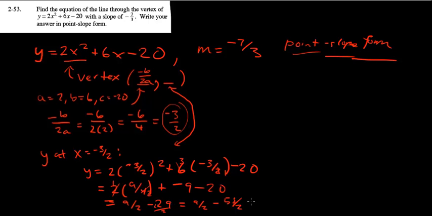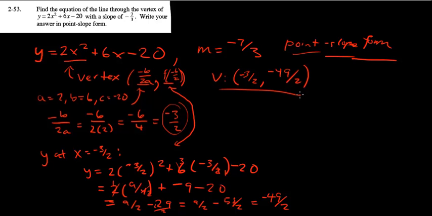And then 9 over 2 minus 58 over 2 is negative 49 over 2. Okay? So this is our function at negative b over 2a. So our vertex is going to be negative 3 over 2, comma, negative 49 over 2.